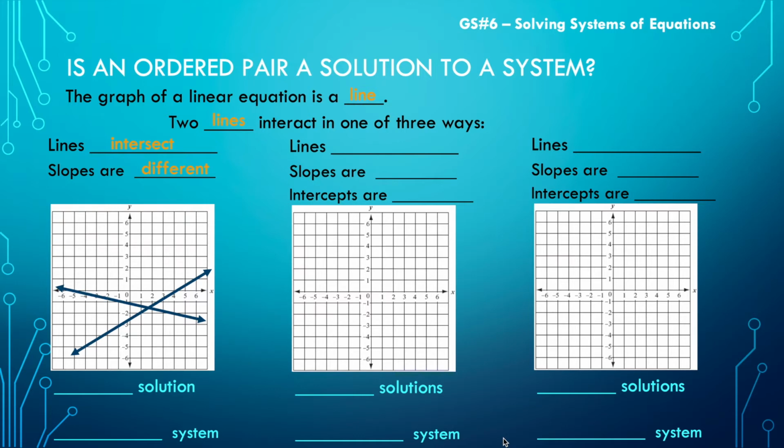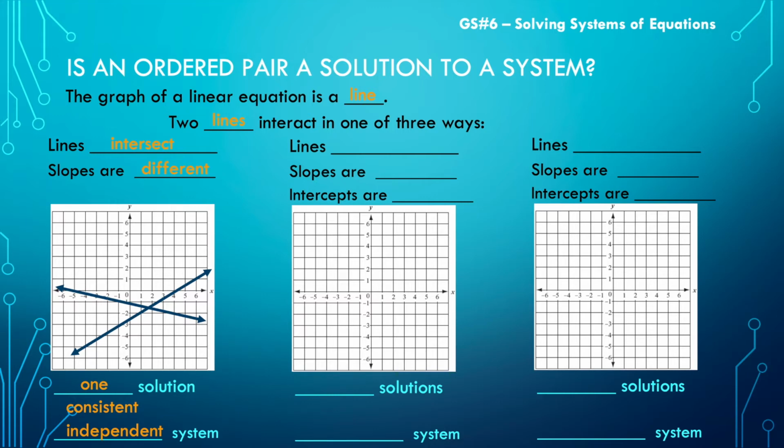Now, a solution to a system of equations is a point that the two lines share. So if you're looking at this graph, you will see that those two lines share exactly one point where they intersect. So the system has one solution. And we classify this type of system as a consistent, independent system.